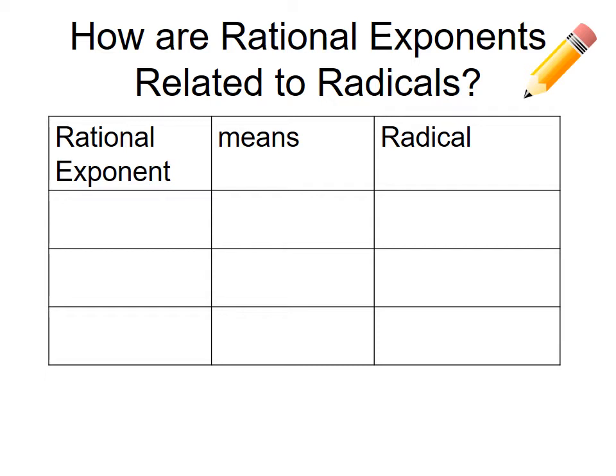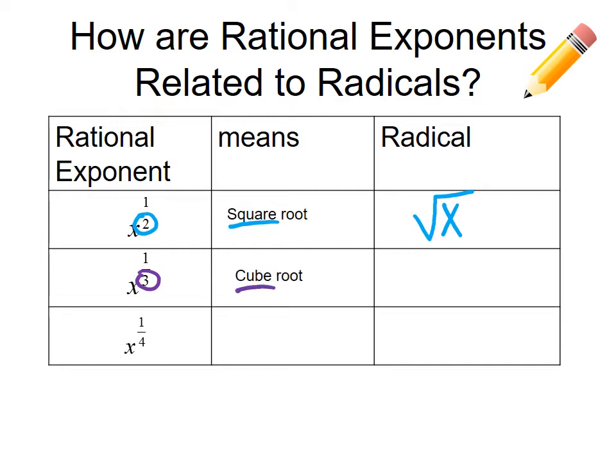Let's take a look very specifically at how they are related and what they look like next to each other. If I have the rational exponent of 1/2, that means it's a square root and therefore would look like the square root of x. If I have the rational exponent of 1/3, that would mean I have a cubed root.